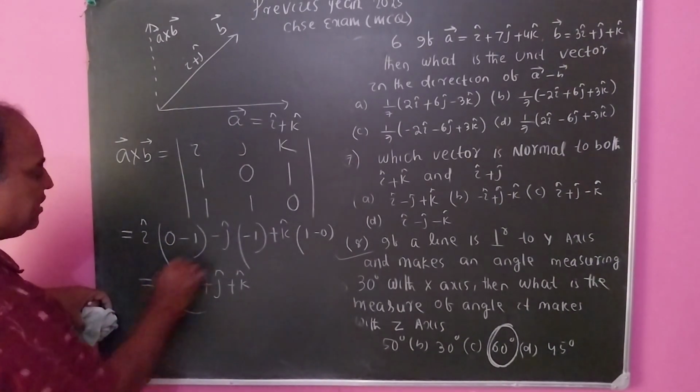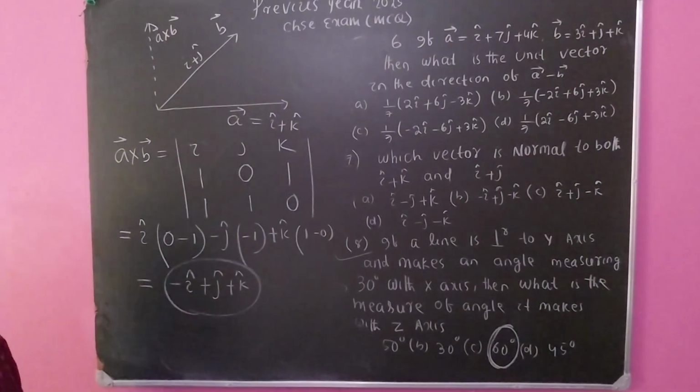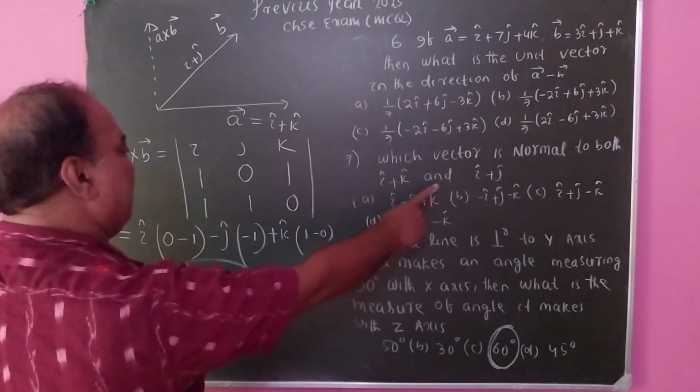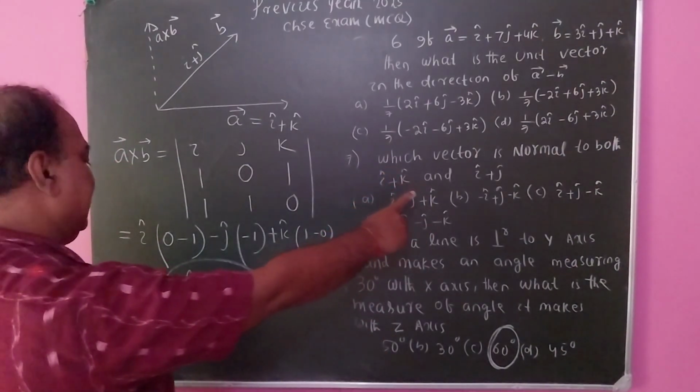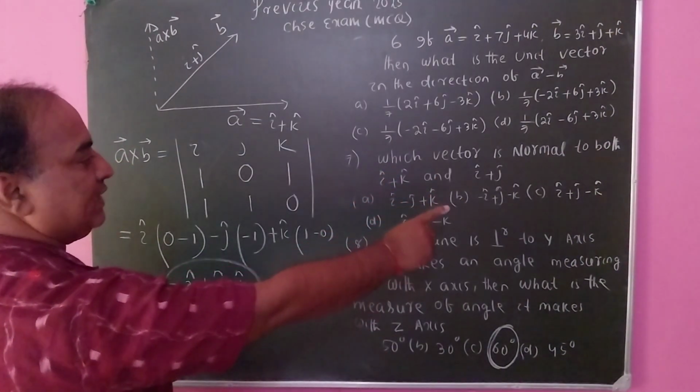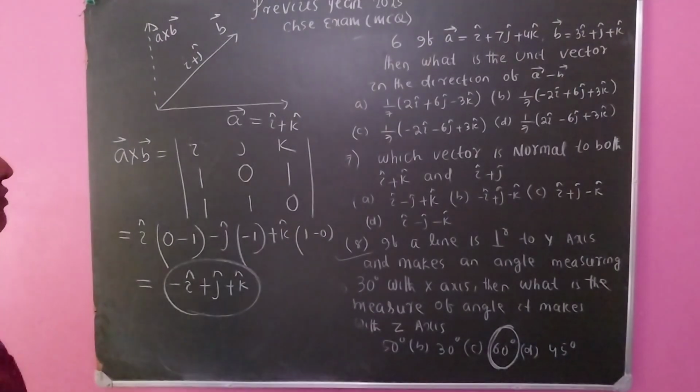So this is the vector which is perpendicular to both A vector as well as B vector. But in our choices: i cap minus j cap plus k cap, minus i cap plus j cap minus k cap, i cap plus j cap minus k cap, and i cap minus j cap minus k cap.